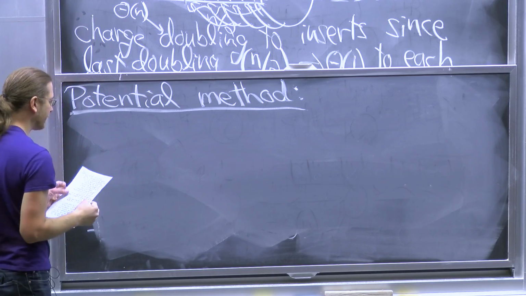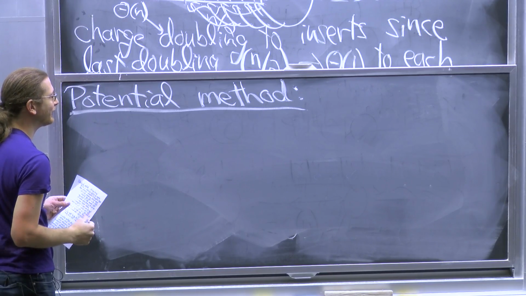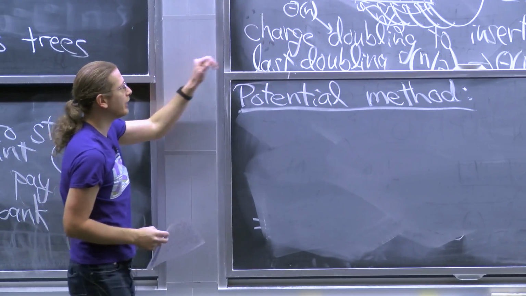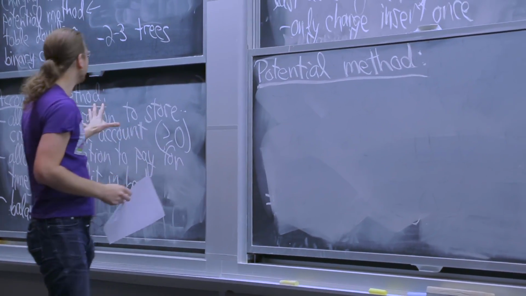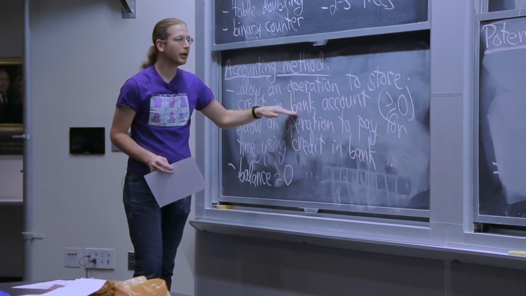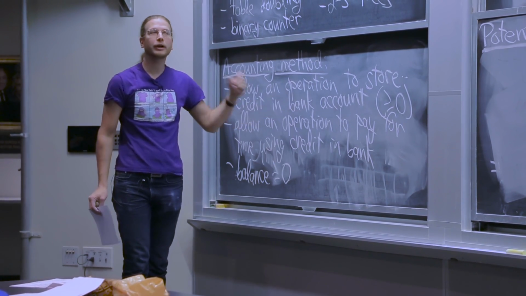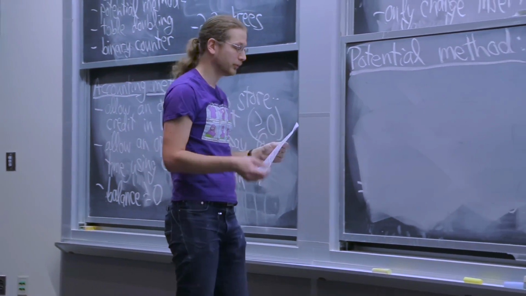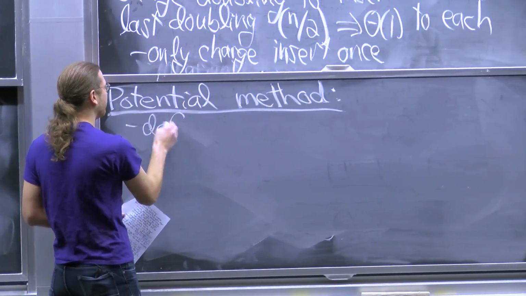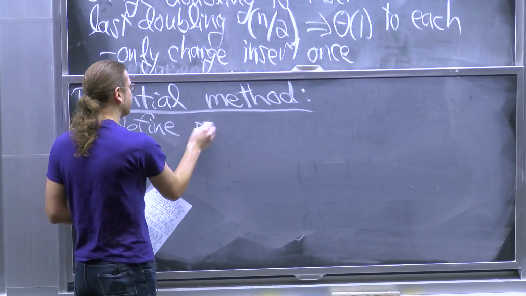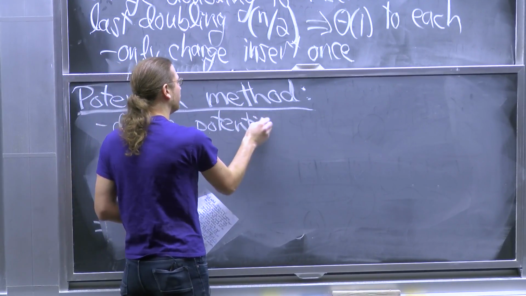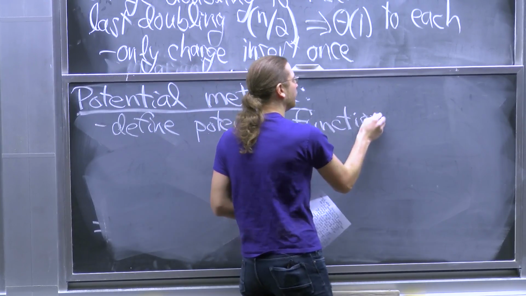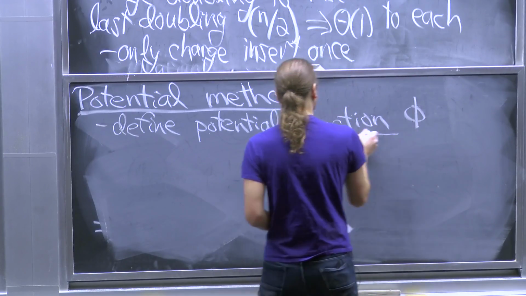So, potential method, I like to call it defining karma in a formal way, is more like the accounting strategy. We're going to think about there being a bank account with some balance, but we're going to define that balance as a function of the data structure state. It's called the potential function. But you can think of it as a bank balance.